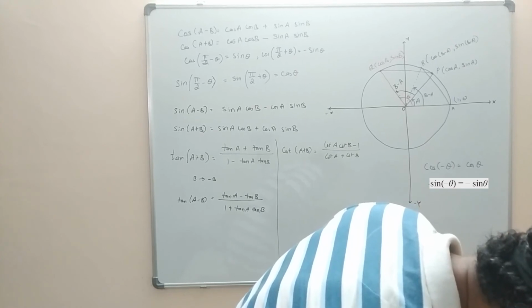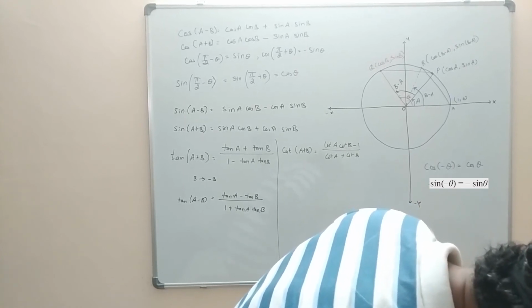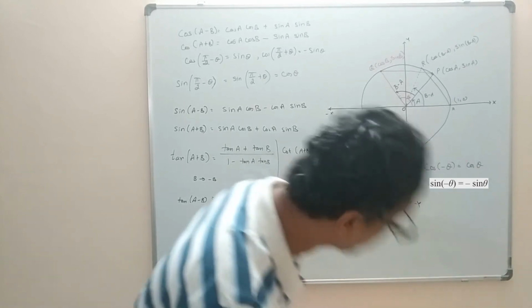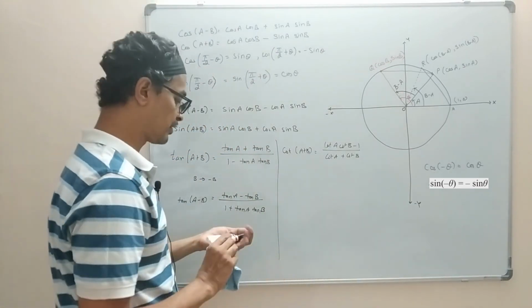That's it. Similarly there are other relations. Then you can do it for cot (A minus B) also. That is straightforward.